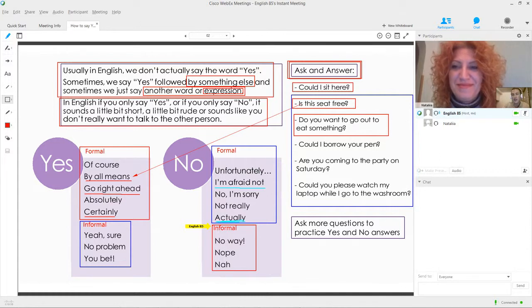Like in this context, you need to say yes because unfortunately, because you have un here, it means no. If you say unfortunately no, it doesn't go together. If you say unfortunately yes, it's okay, but it's very strange. People don't say that.